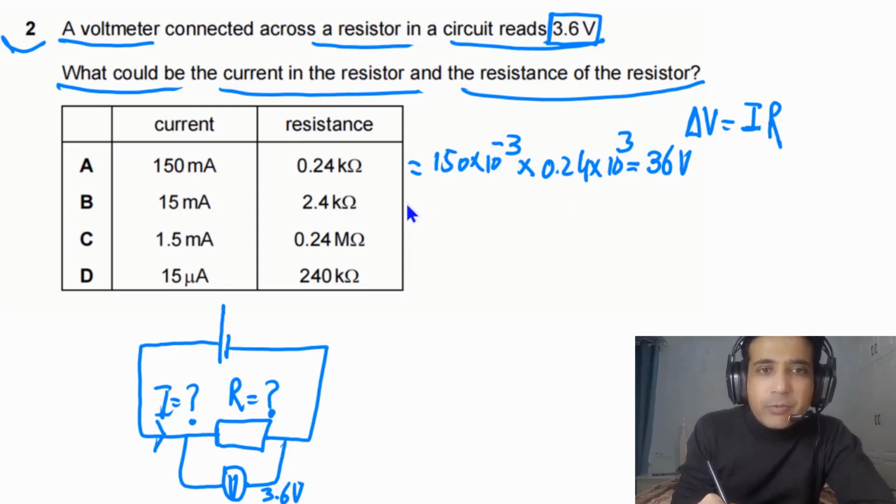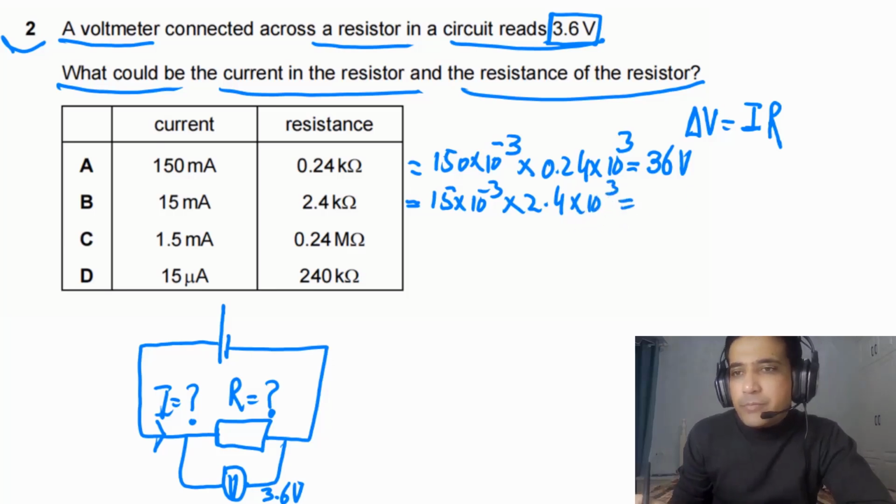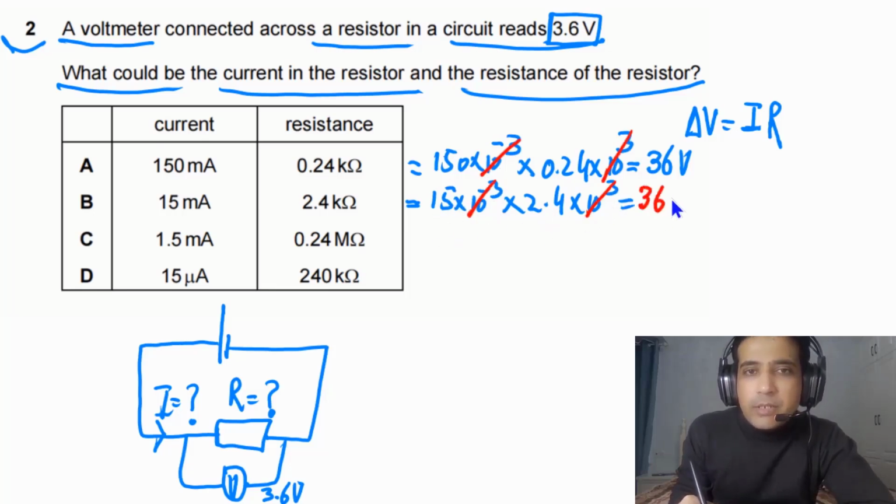So we can go to the next one. Here you have 15 times 10 to minus 3 times 2.4 times 10 to 3. If you multiply these two quantities, these powers will be cancelled. If you multiply 15 with 2.4, you get 36 volts.